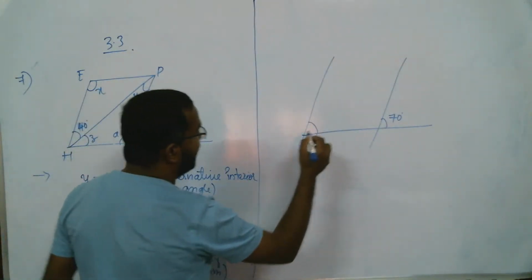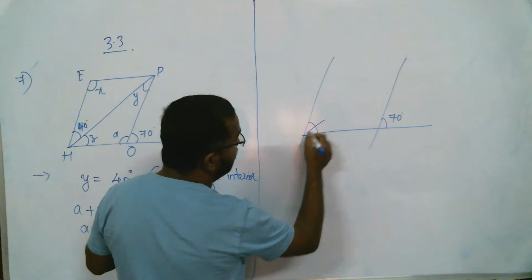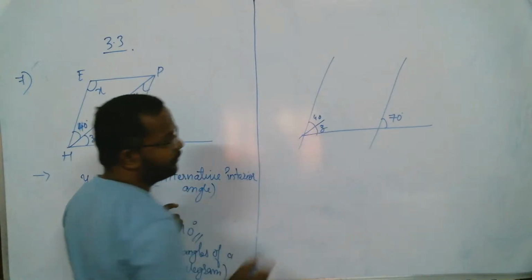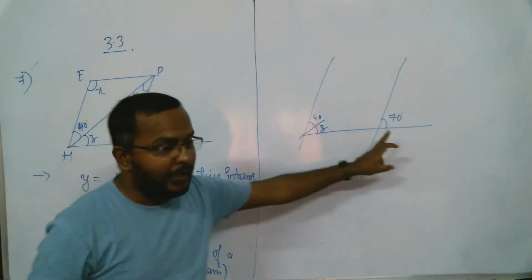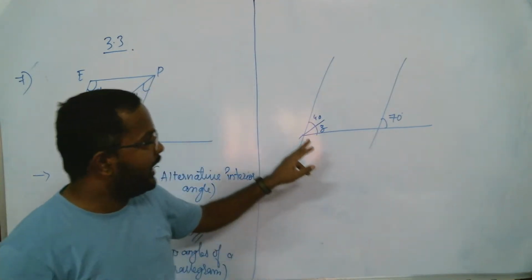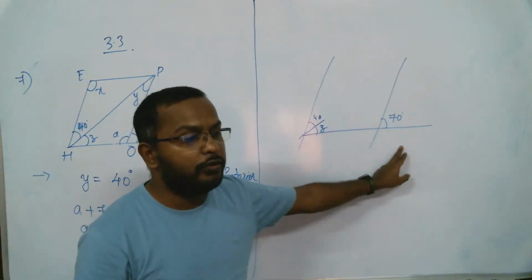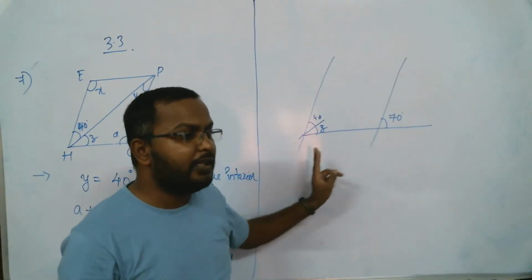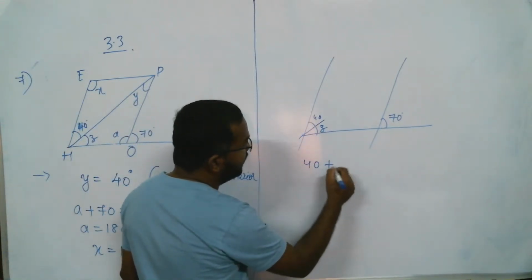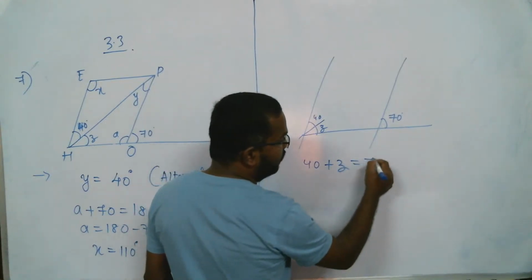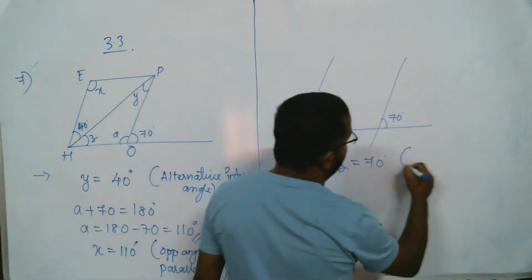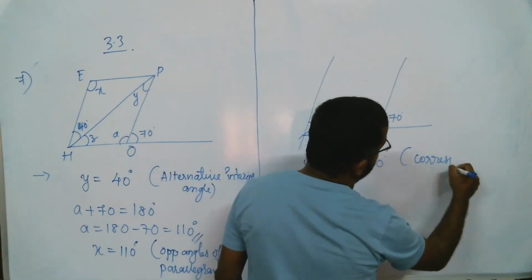Then this angle is bisected into two parts: this one is 40 and this one is z. So the total angle should be equal to 70. They are corresponding angles, and the value of this angle should be equal to 70 degrees, by corresponding angles. So 40 plus z should be equal to 70. You can write the reason as corresponding angles.